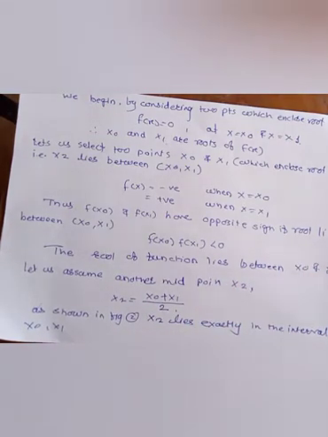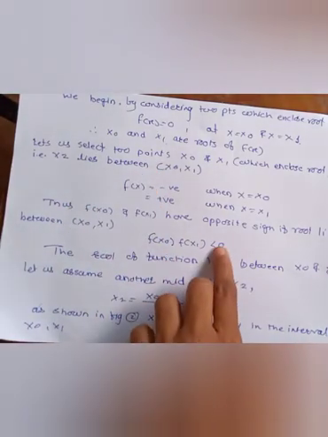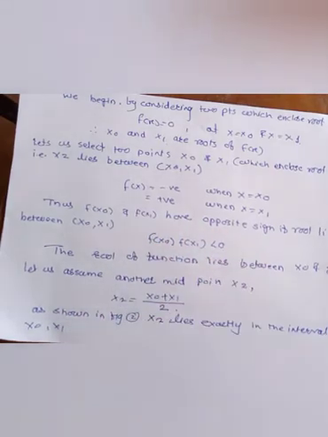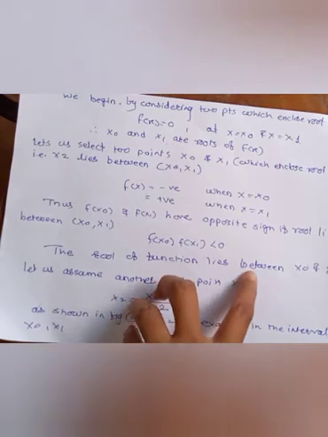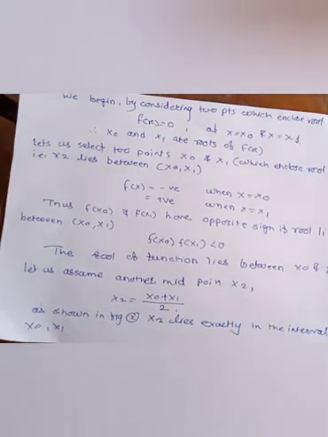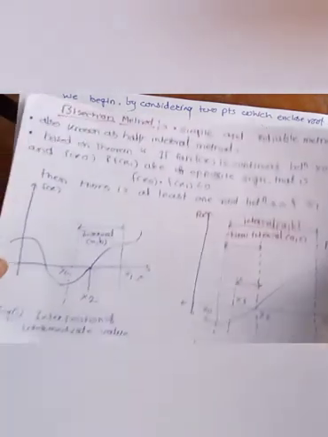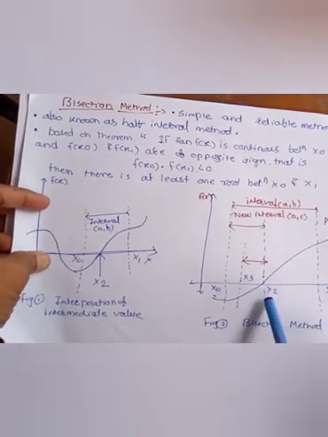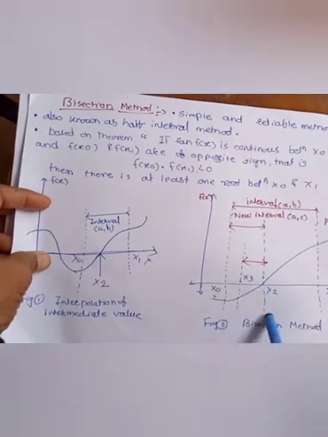That means f of x0 into f of x1 is less than 0, because one of them is negative and the product of them must be negative. Hence the value of the product is less than 0. So the root of this function lies between x0 and x1, that is x2. Okay, this is the interval AB.